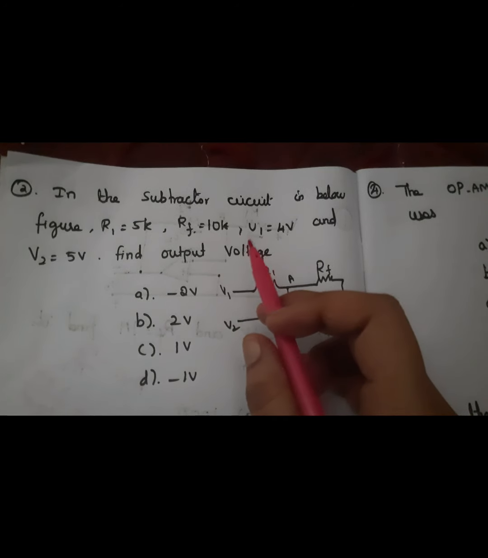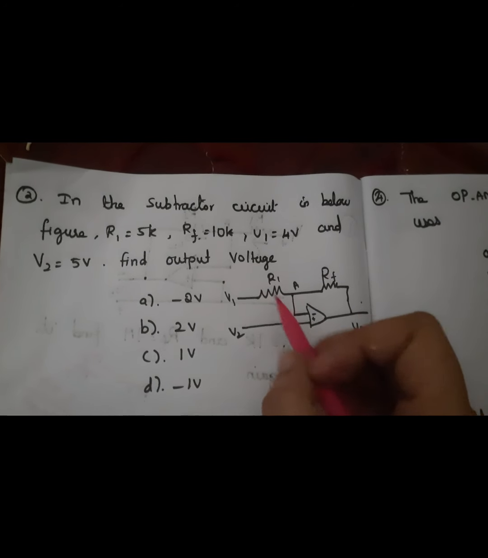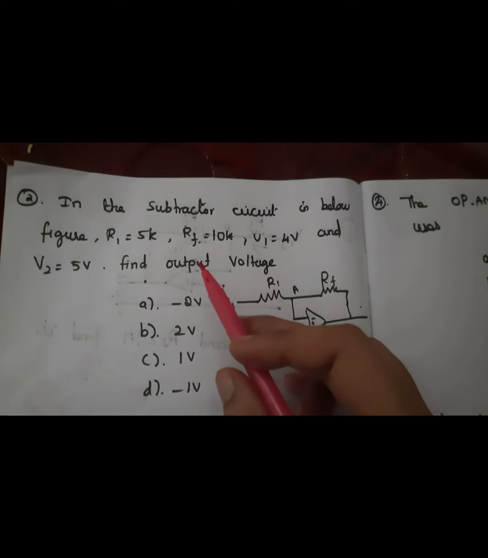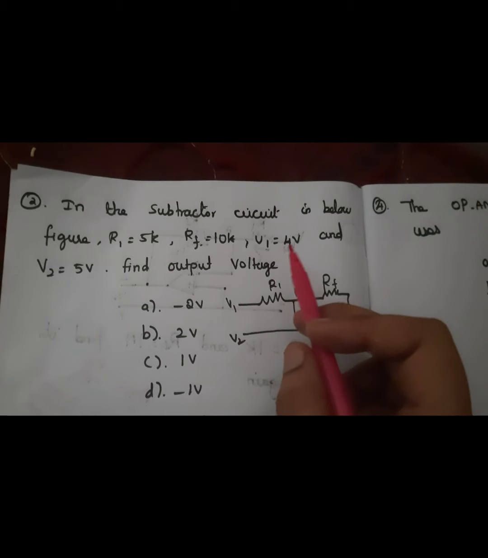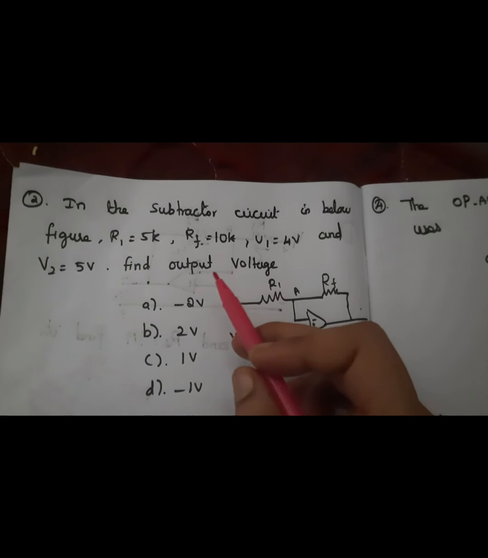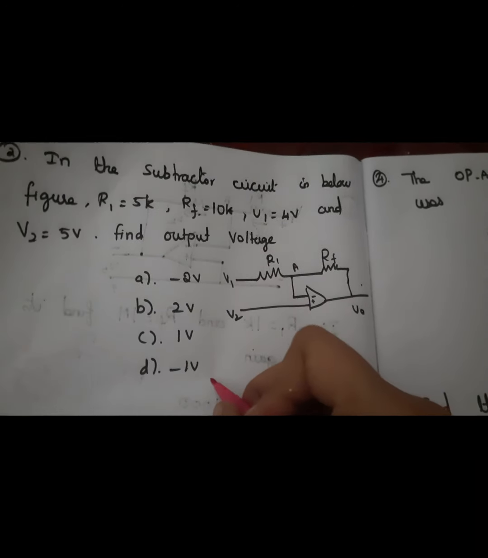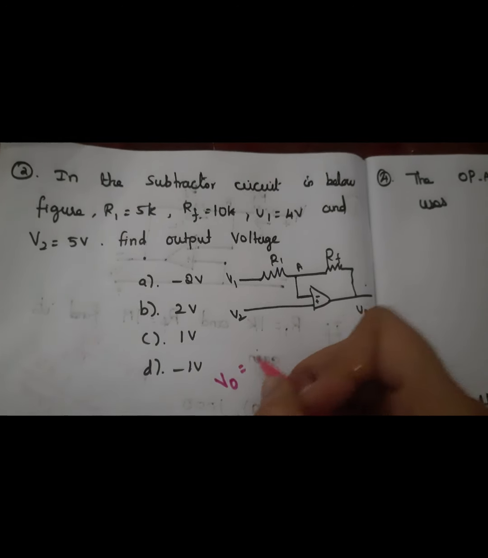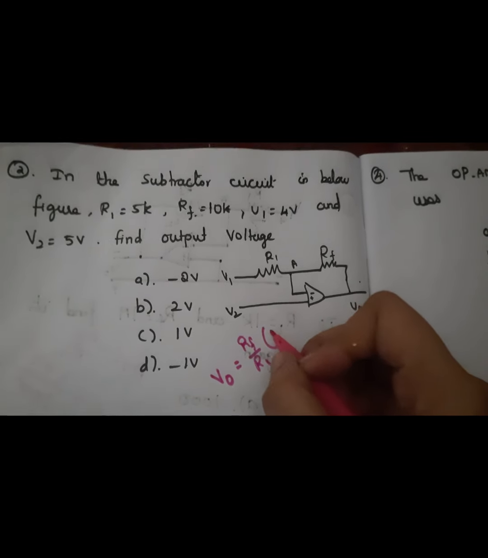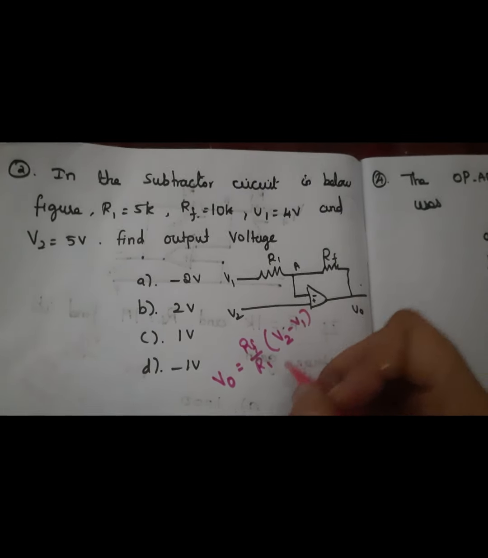Second question, in the subtractor circuit below figure, R1 is equal to 5 kilo ohm, RF is equal to 10 kilo ohm, V1 is equal to 4 volt and V2 is equal to 5 volt. Find output voltage. This is a subtractor circuit, so Vout is equal to RF divided by R1 into V2 minus V1.